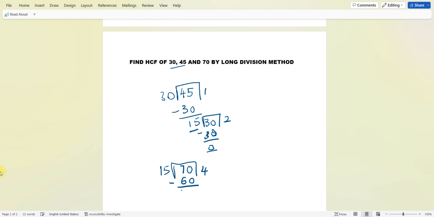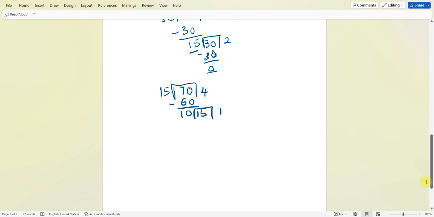So I get a remainder of 10 now. So I give the previous divisor inside. So I again get 1 time, so 1 time 10 would be 10, and I have the remainder 5.